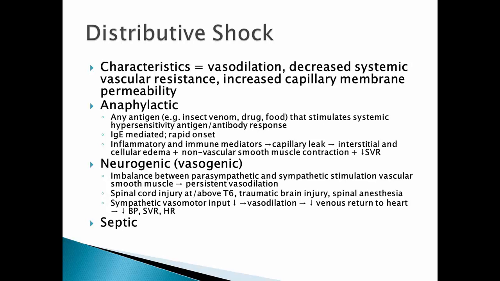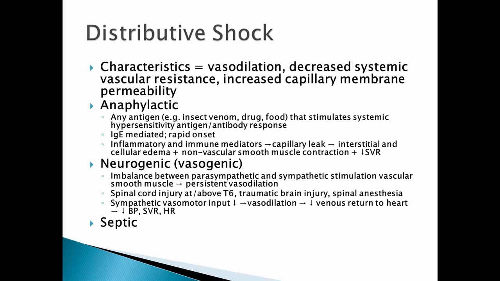So as a result, what you have is a pattern of arterial vasodilation and venous pooling. With that venous return to the heart decreasing and the arterial vasodilation, you'll see significant hypotension, a decrease in the systemic vascular resistance, and a decrease in the heart rate. These patients can develop a significant bradycardia.